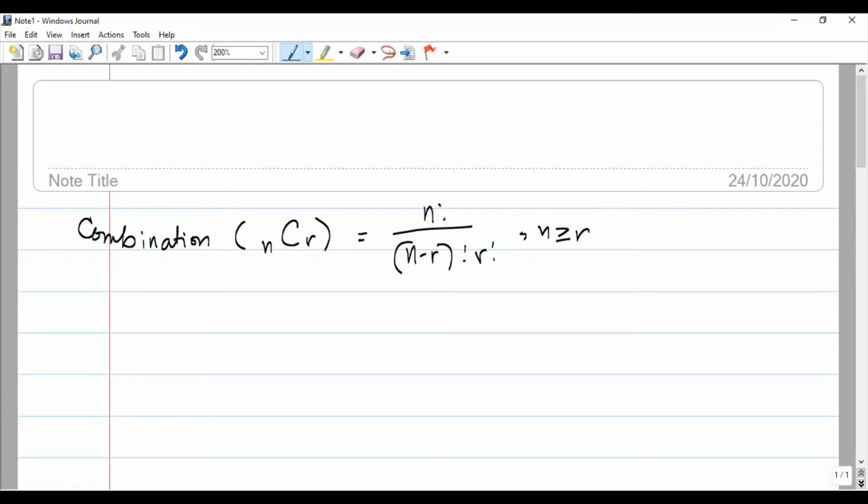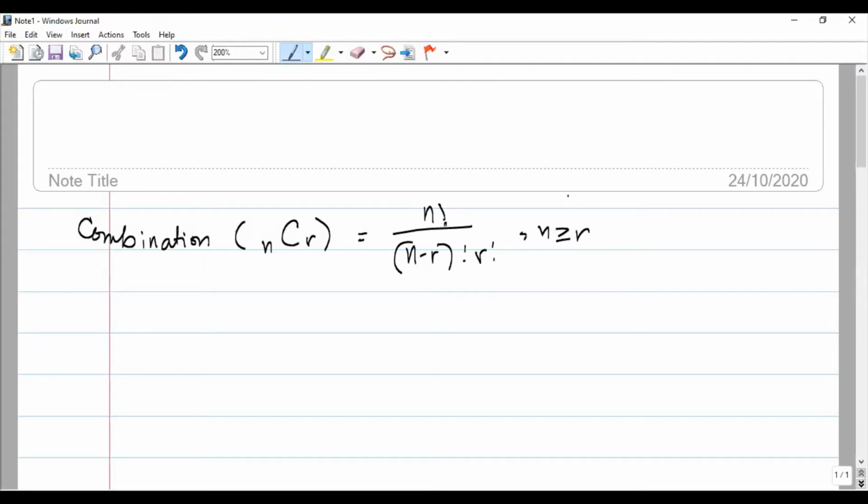Okay? So the combination formula is the combination of n taken r at a time is equal to n factorial all over n minus r factorial times r factorial, in which n is greater than or equal to r.